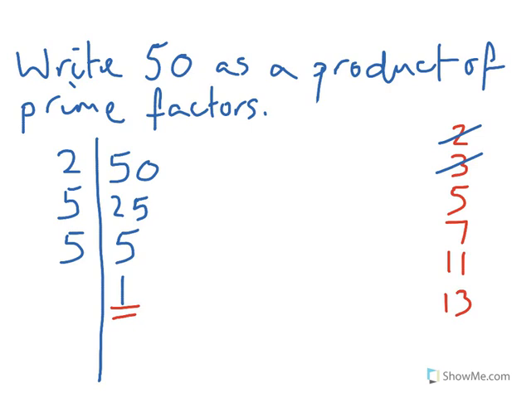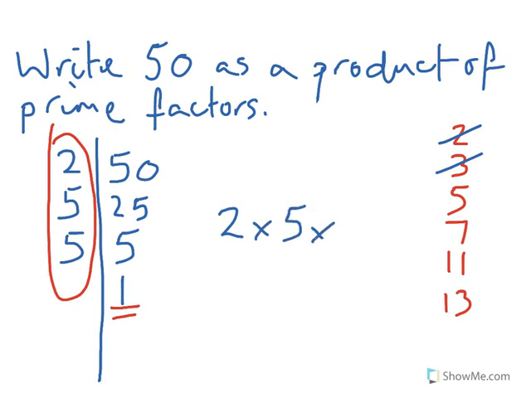Now we just need to write the answer. The answer is actually these numbers here. And because we've been asked to write it as a product, this is how we write our answer. So we write 2, that's the first one, times 5 times 5.